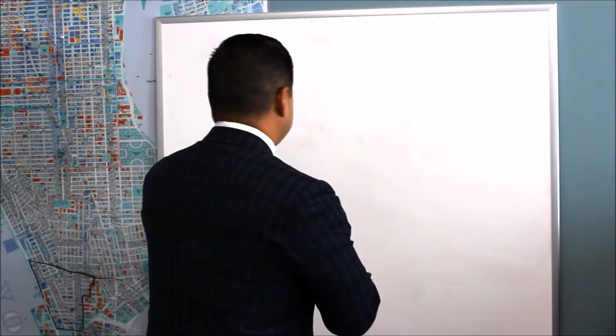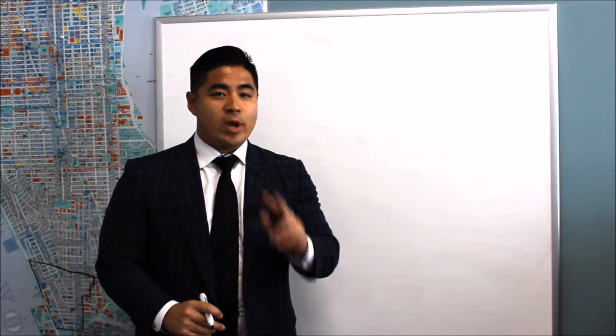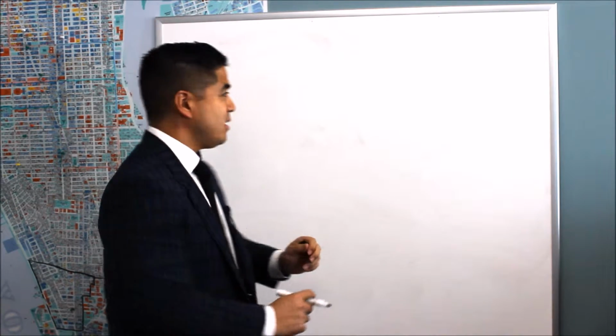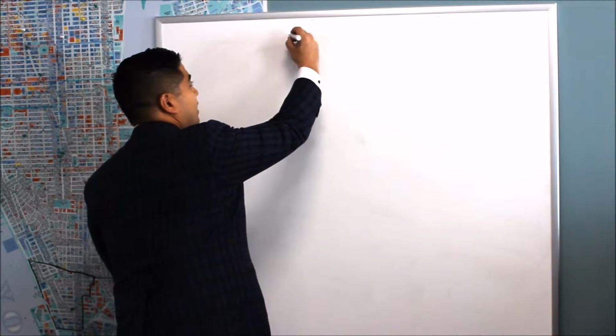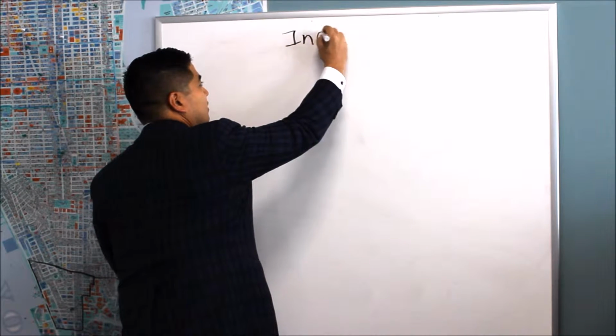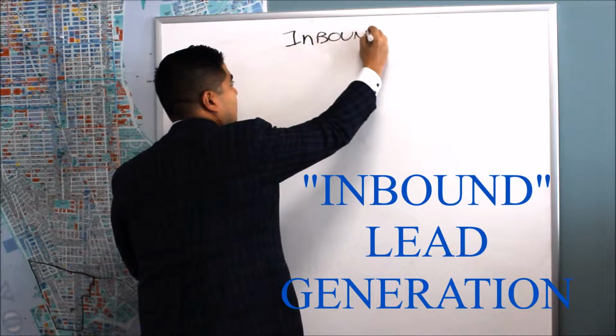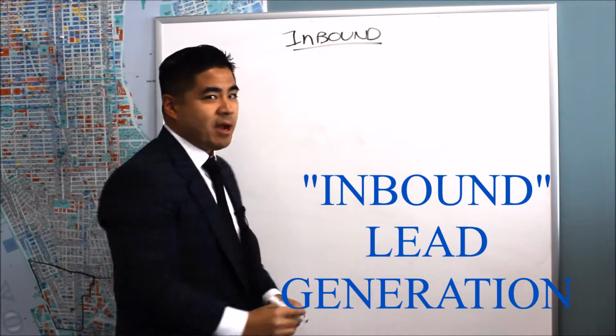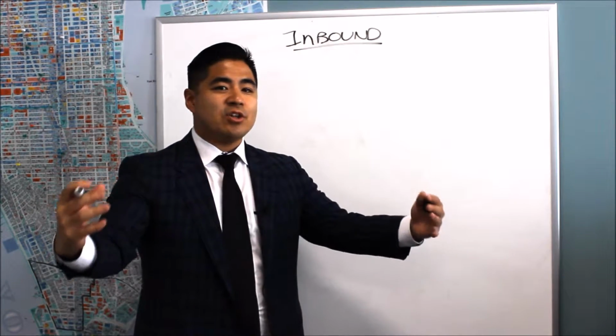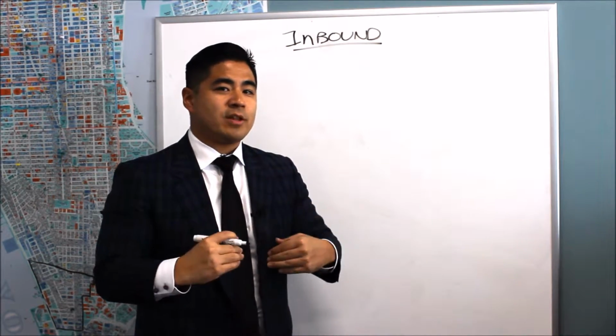So the first thing to know about is that in sales, there are 2 ways of getting clients and 2 ways of getting leads. The first way is inbound. Inbound means the leads are coming in from work that you do.